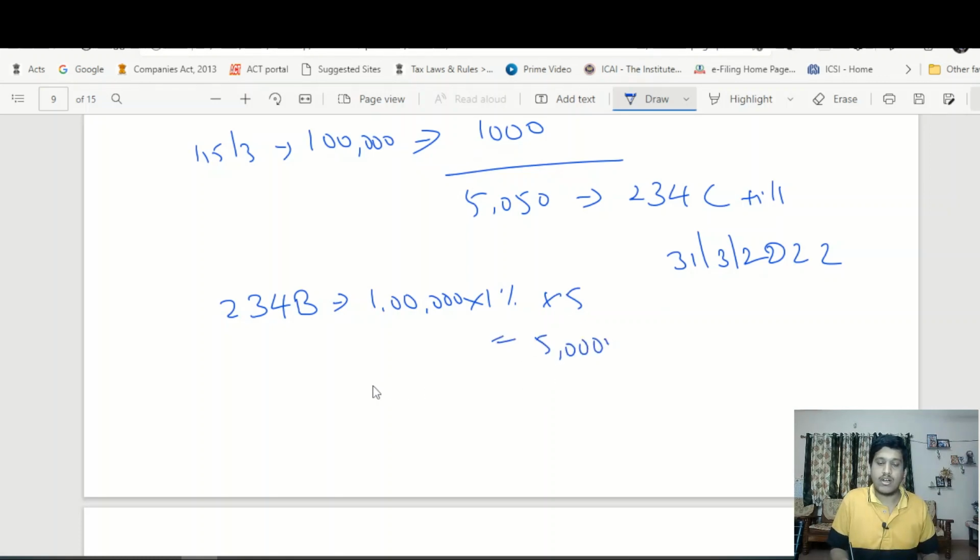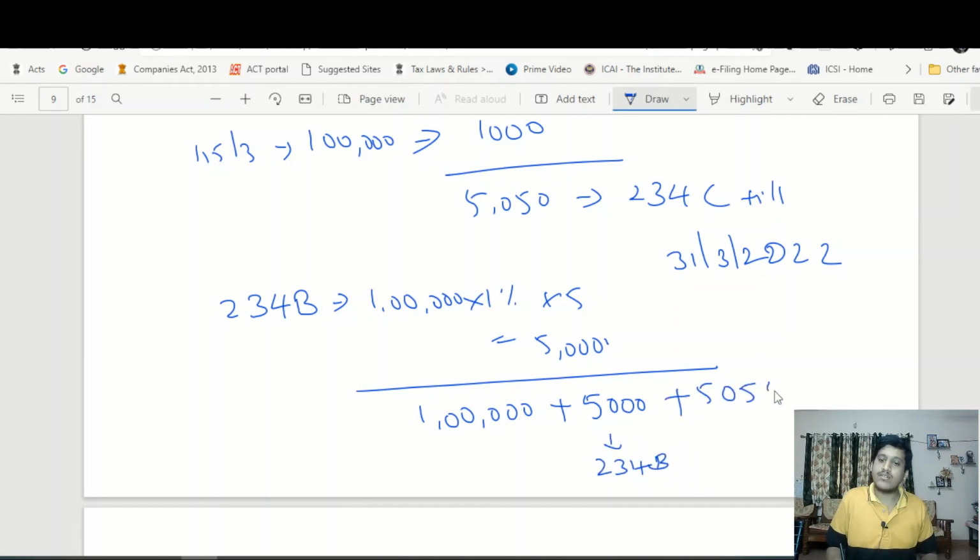So along with 1 lakh rupees tax that you pay during self-assessment, you have to also pay 5,000 of interest under 234B and also 5,050 interest under section 234C. So you will end up paying almost 10,000 rupees extra if you do not discharge your advance tax liability during the financial year.